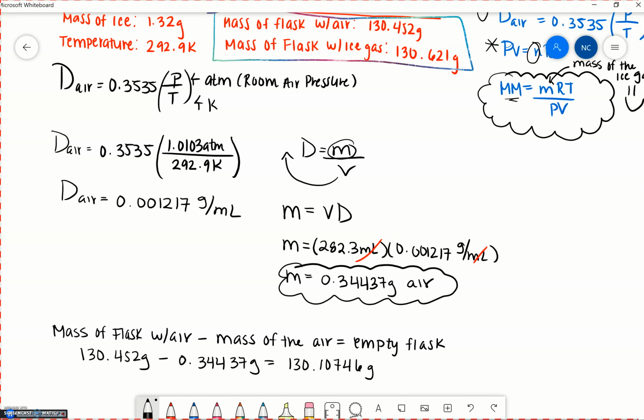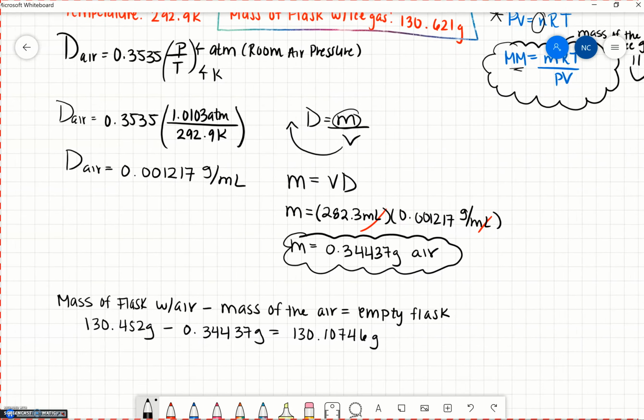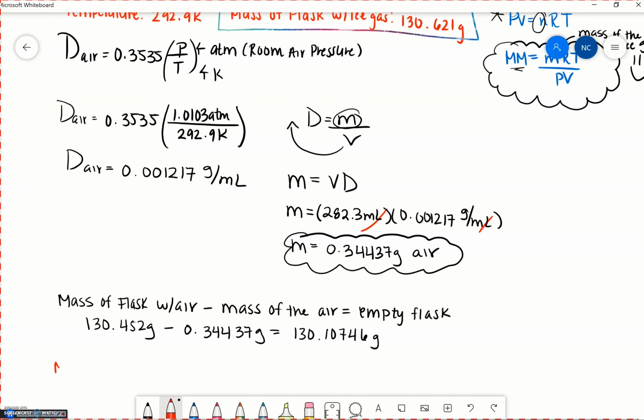Now you want the mass of the ice gas. So you're going to subtract the mass of the flask with ice gas minus the empty flask to get just the mass of the ice gas.